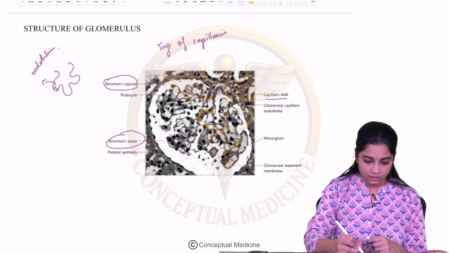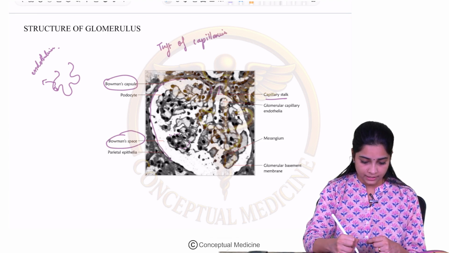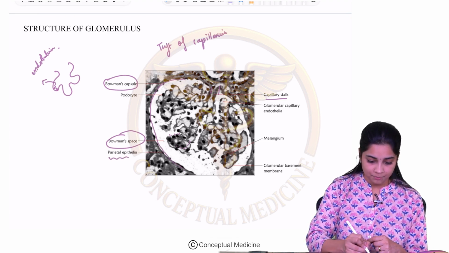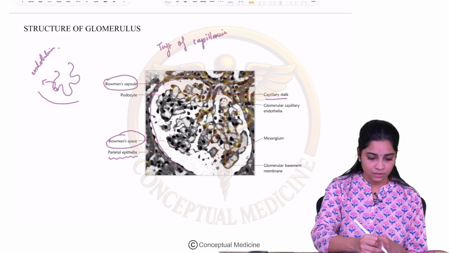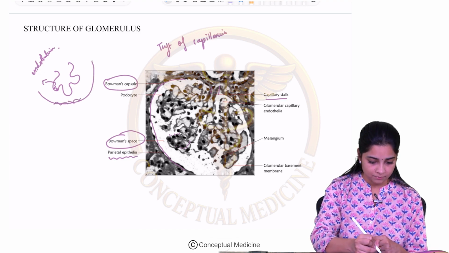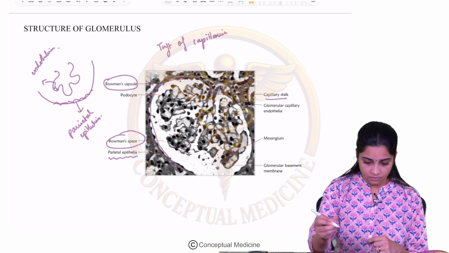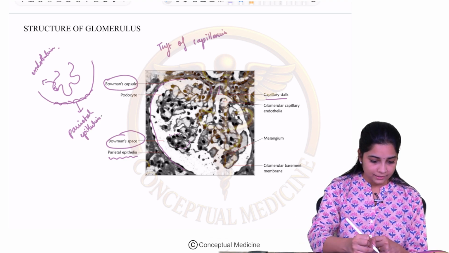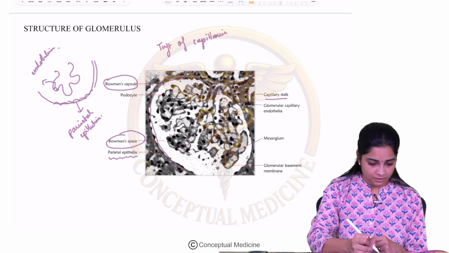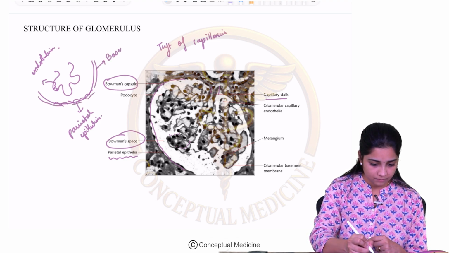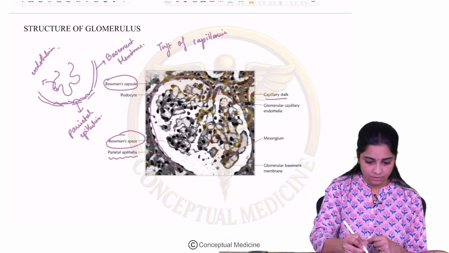Now the outer portion of the glomerulus that I am highlighting here has some epithelial cells which are called the parietal epithelium. And these endothelial cells are present on what? They are present on a basement membrane.